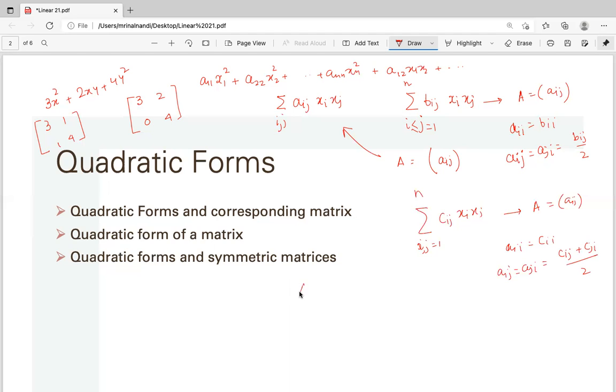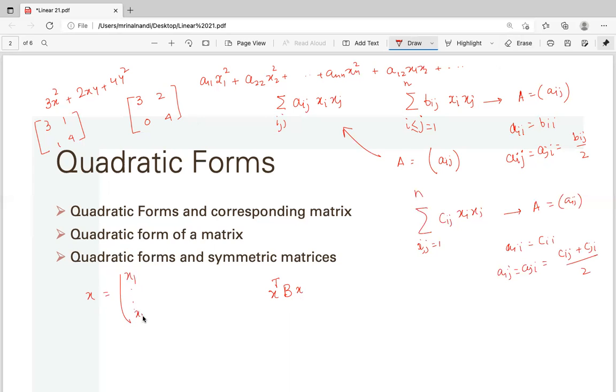So for a given matrix, say B, you can always generate a matrix A such that the quadratic form, by the way, for the corresponding A is x transpose Bx. This is a quadratic form where x is just the column vector x1, x2.